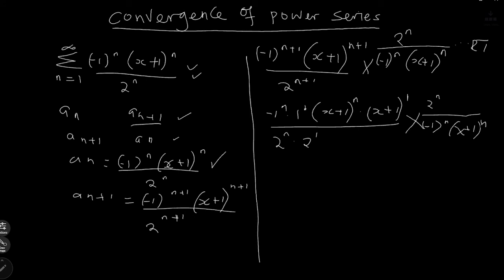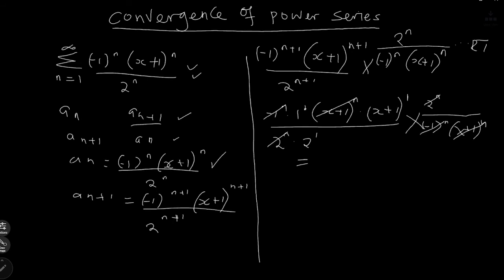Up to this point, we can cancel out common values like 2 raised to n and 2 raised to n. We can also eliminate negative 1 raised to n and negative 1 raised to n, and x plus 1 raised to n and x plus 1 raised to n.